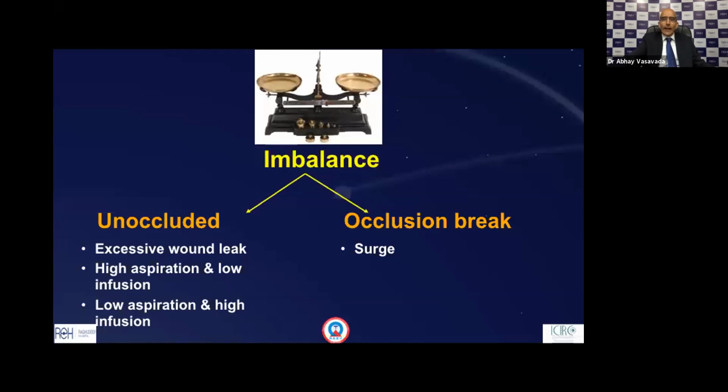The fluid goes out through the aspiration tube, which is the aspiration flow rate, 20 cc per minute, 25 cc per minute, and also through wound leak, fluid leaking out of the incisions. And when surge occurs, there is additional fluid exit through the tube, known as the occlusion break response. So this should be balanced.